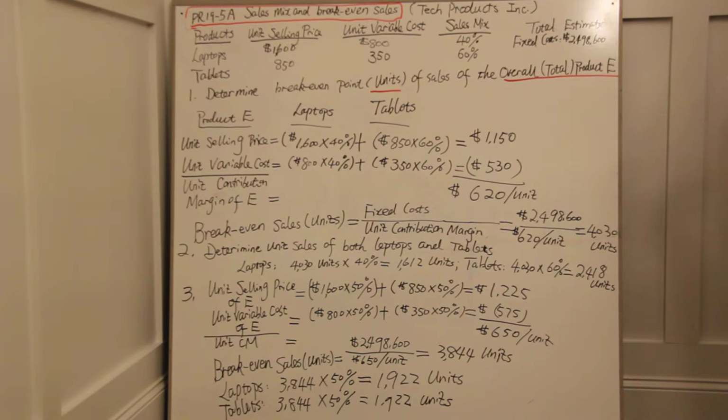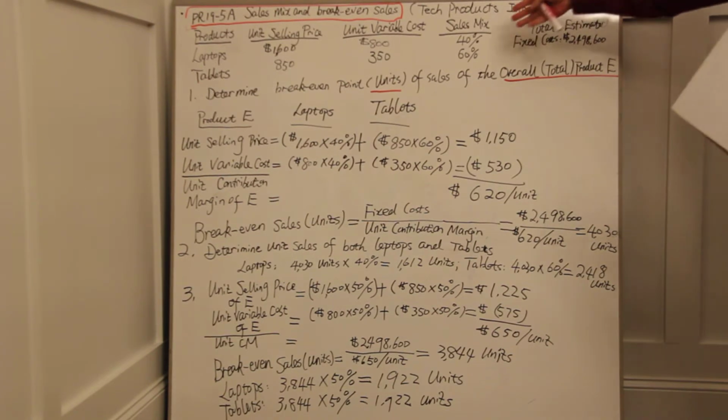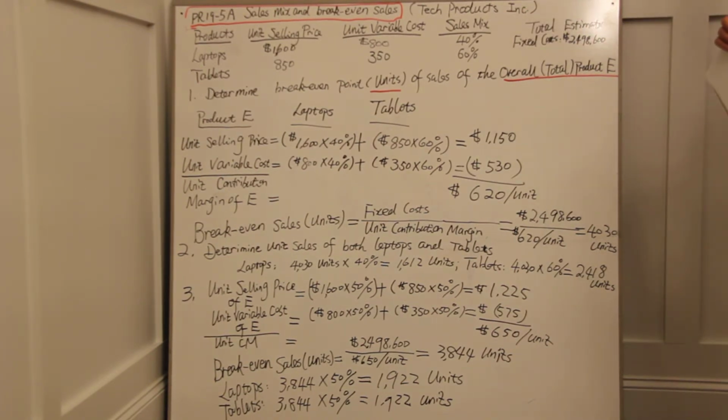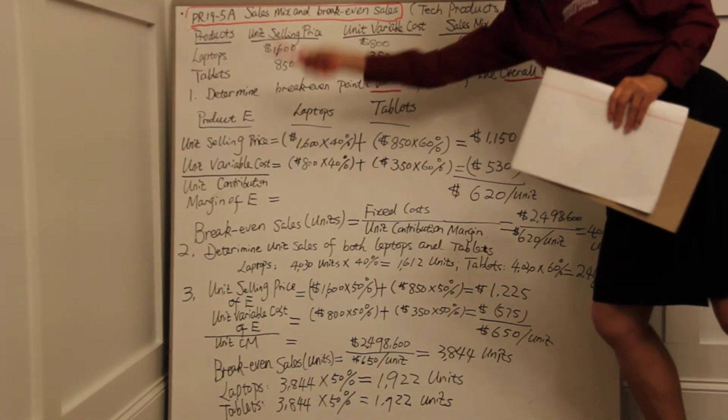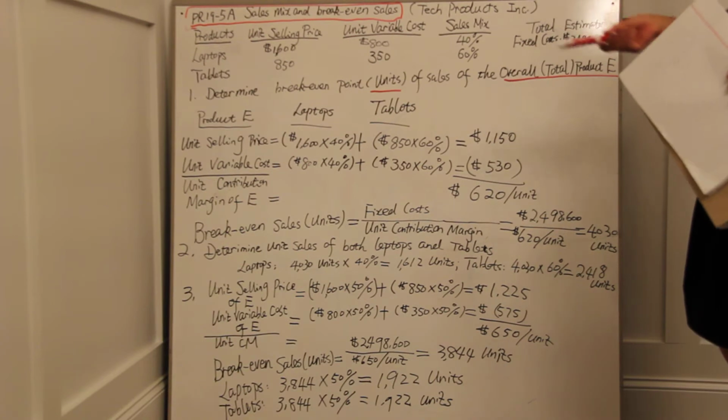So we can determine the unit contribution margin for product E using the given information regarding the two different products. First of all, we need to determine the unit selling price.